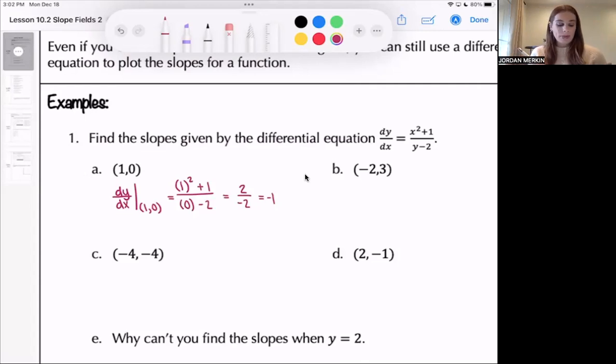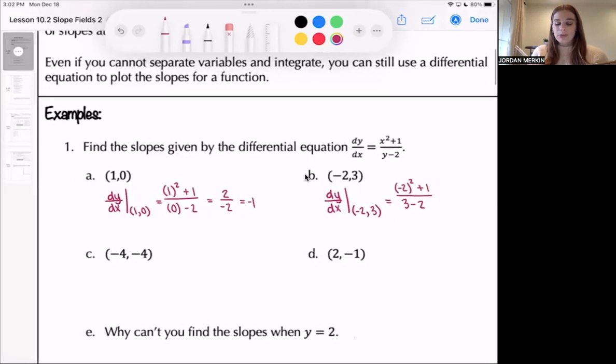For B, we are doing the same thing, plugging in negative 2 for x and 3 for y. Notation-wise, we write that as dy/dx evaluated at (negative 2, 3), which equals (negative 2) squared plus 1 over 3 minus 2. Negative 2 squared is 4, plus 1 is 5, over 1 is just 5.